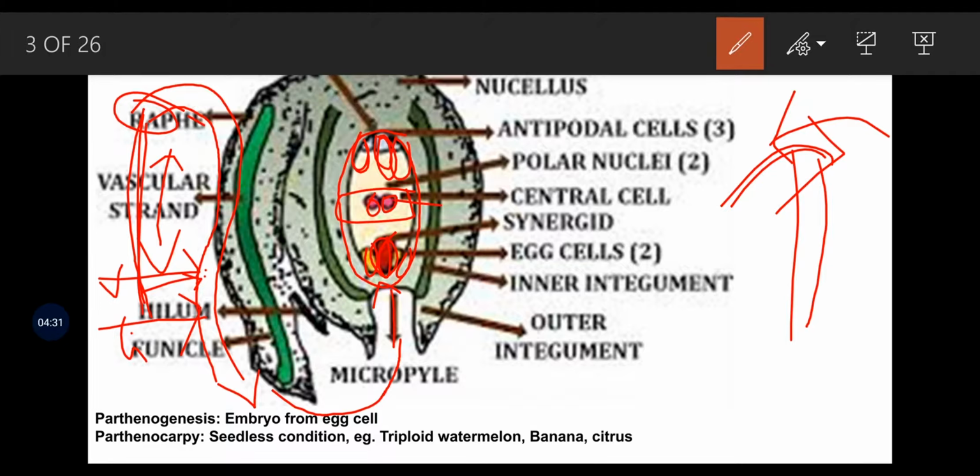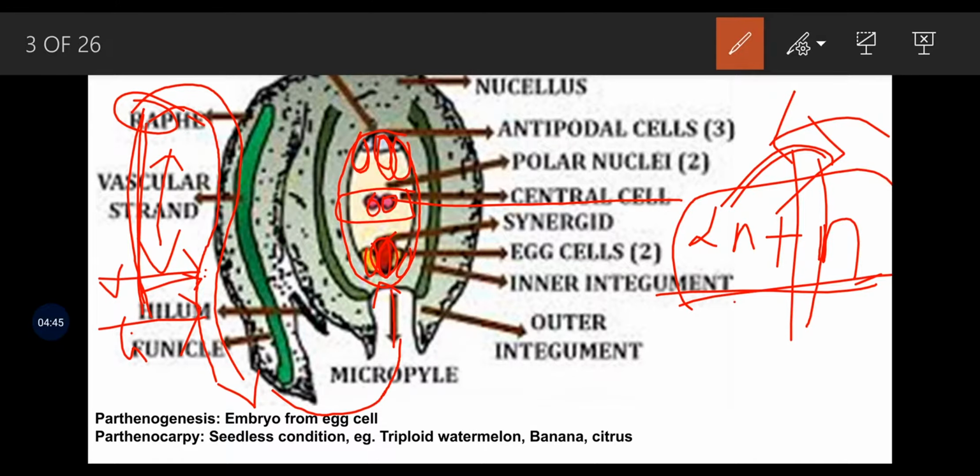The fusion of the 2N polar nuclei with one male nucleus will become a 3N condition to form the endosperm. That condition is called triple fusion.